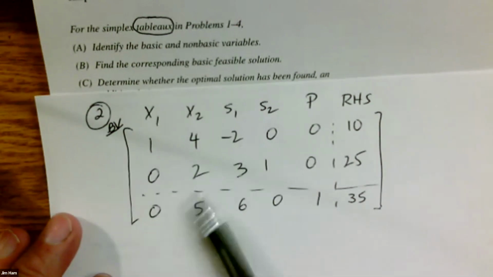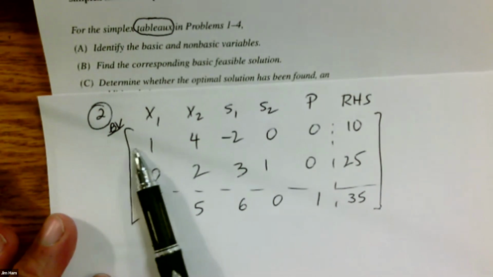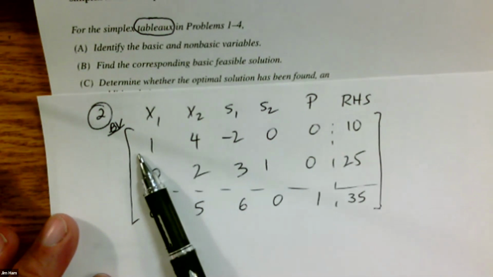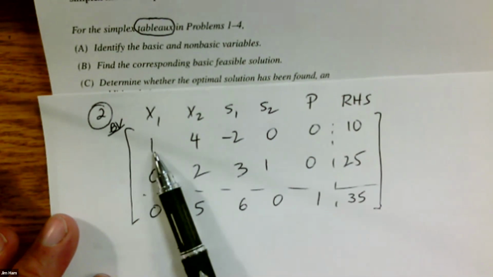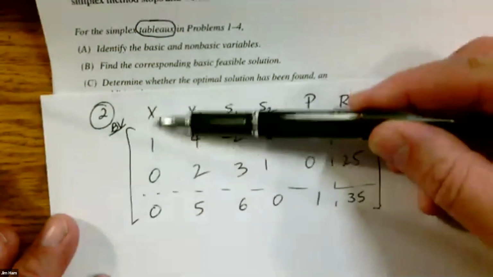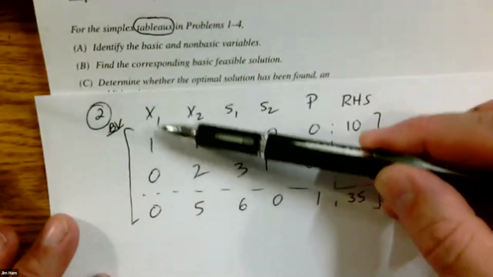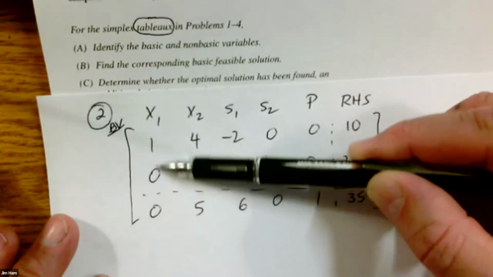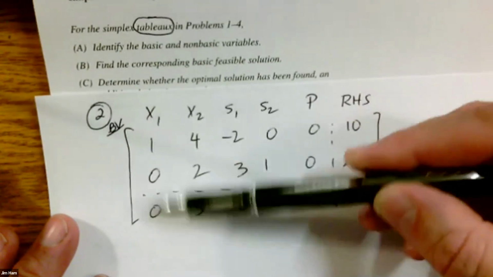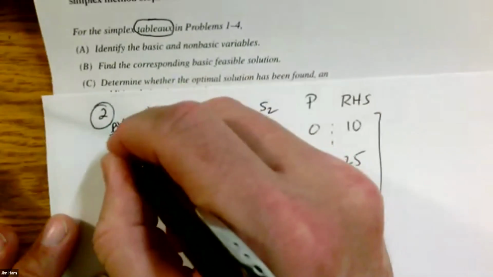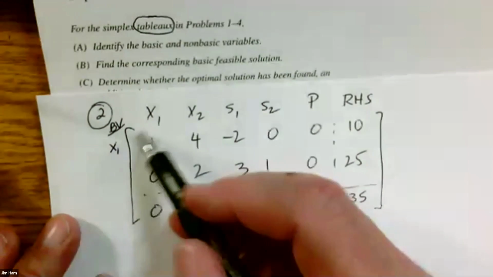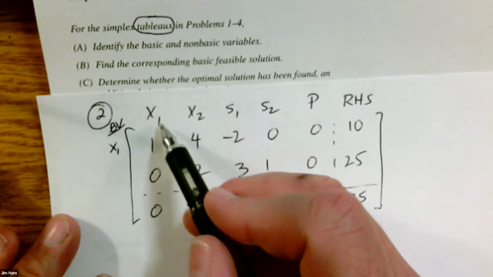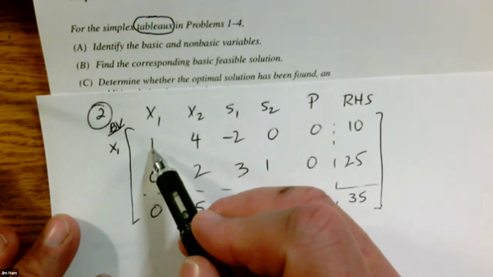The way you identify the basic variables is you go through the row and find a 1, it doesn't have to be a 1, but a number for which there are zeros everywhere else in that column. So for example, in the first row, you see a 1 here and then zeros for the rest of the column. The basic variable is going to be x1 because the 1 is here and the column label is x1.